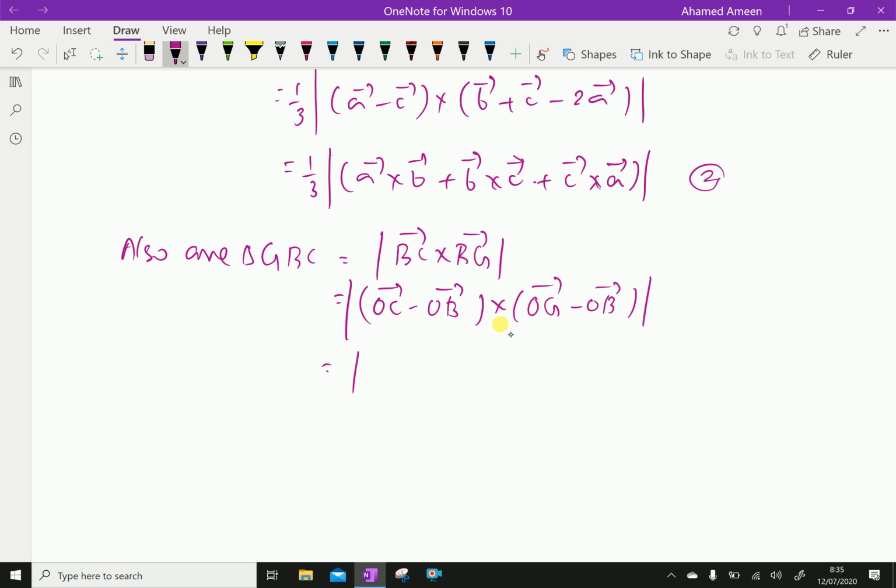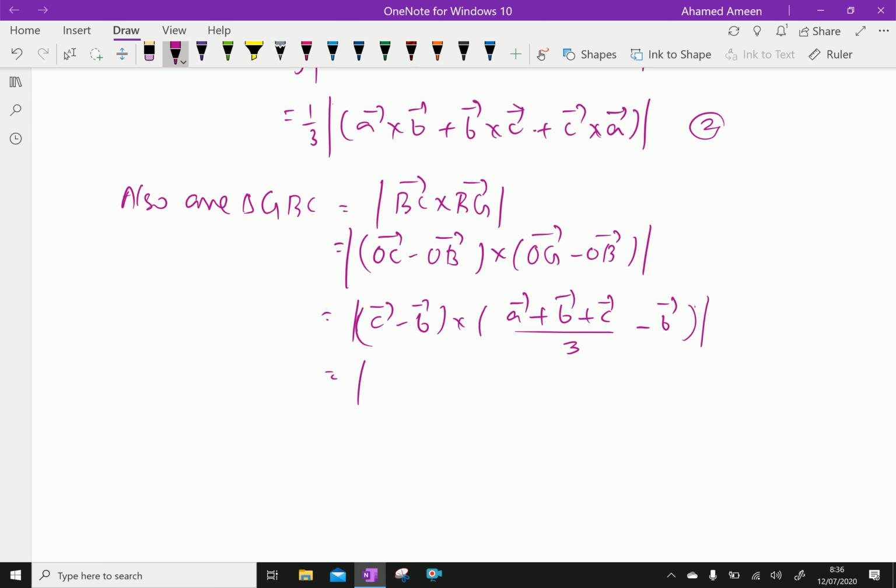Further, OC minus OB is vector C minus vector B, and OG minus OB is (A plus B plus C) by 3 minus vector B. So which is equal to (vector C minus vector B) cross (vector A plus vector C minus 2 vector B).